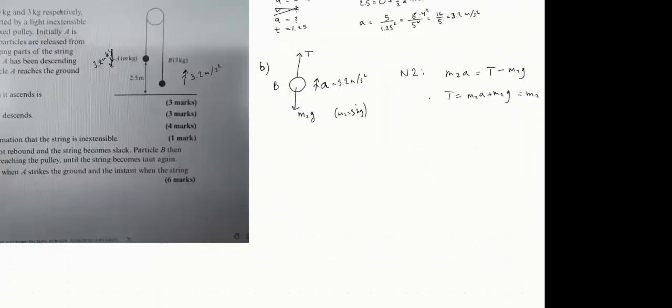Next question, C. Show that M is 65 over 11. So now we consider this second mass, so A. Now there's a tension going up, and we know that it is 39 newtons.